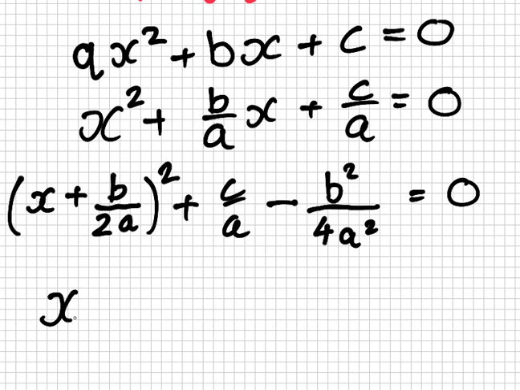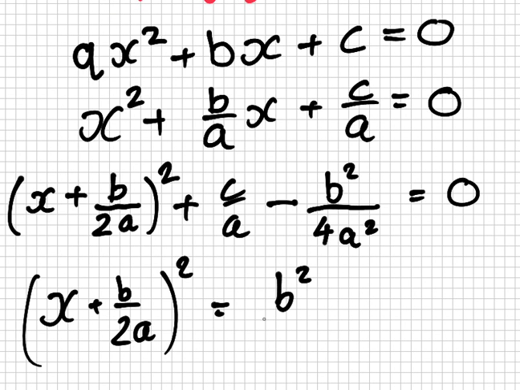Okay, so what I'll do next, x plus b over 2a squared equals b squared over 4a squared minus c over a.